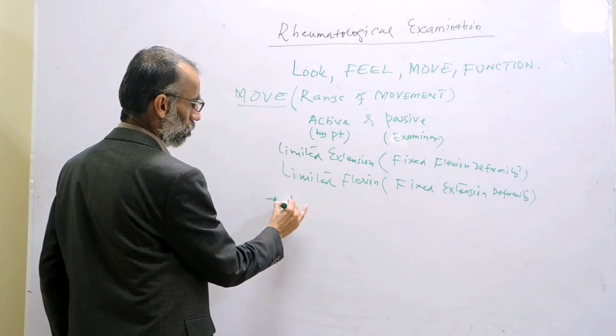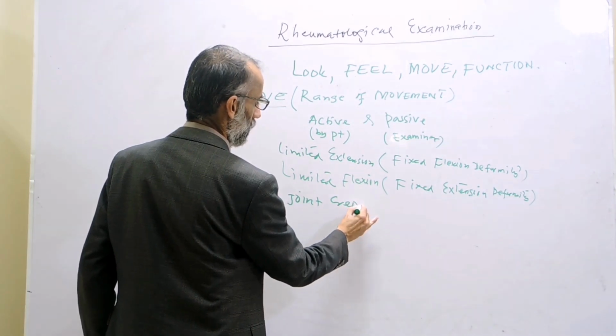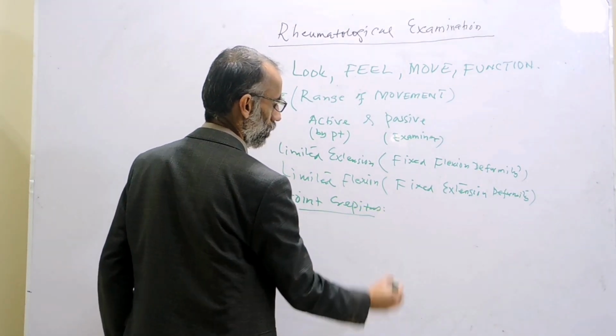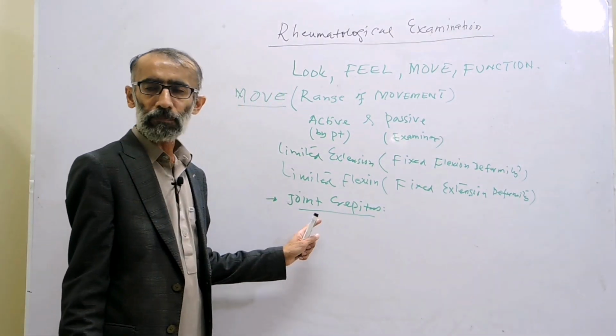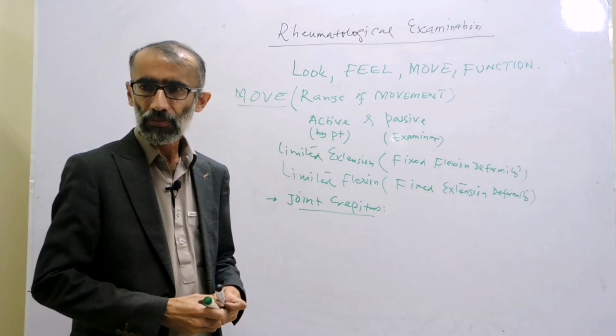Then you assess for joint crepitus. Joint crepitus is a sign of chronicity.